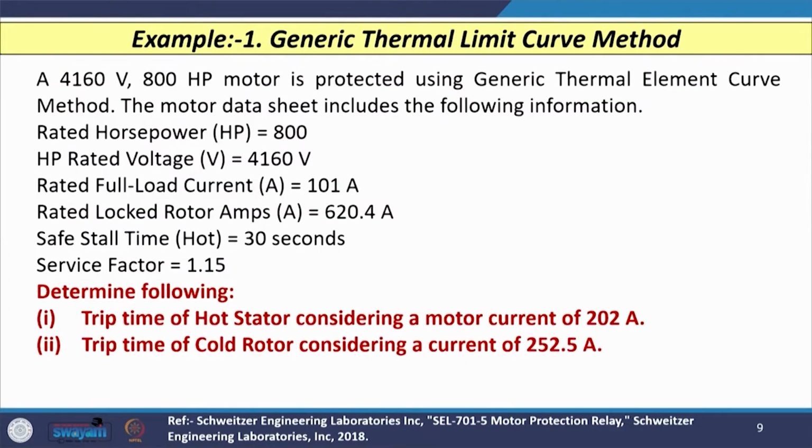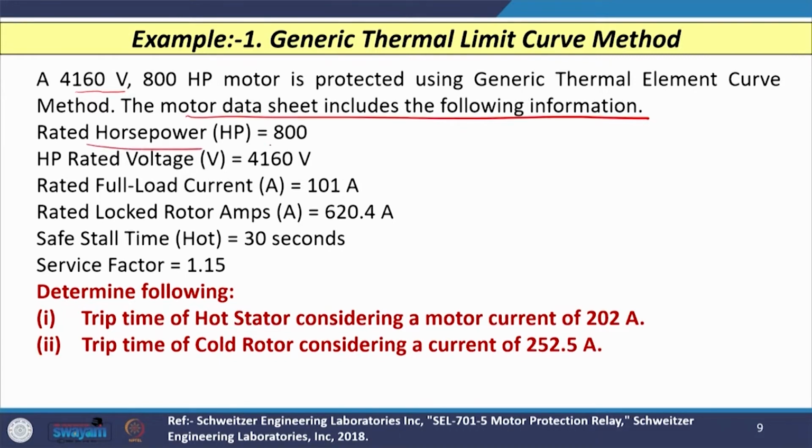So, let us consider one example for the generic thermal limit curve method. Let us say that we have a 4160 volt, 800 HP induction motor which is protected by the generic thermal element curve method. The motor data sheet includes the following information.